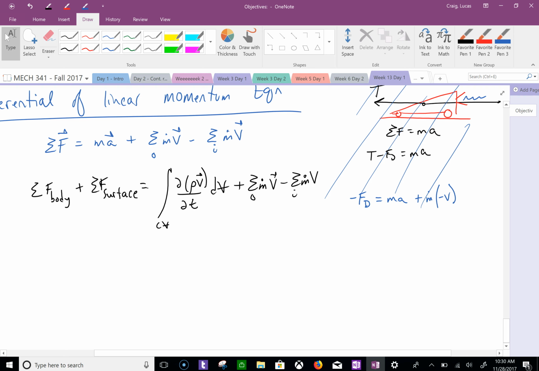This is similar to the analysis of conservation of mass, but there are a lot more terms, and the video I'll post will show that. And then this right here is approximately this.